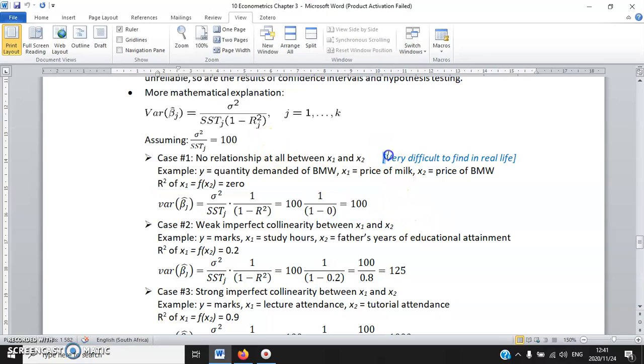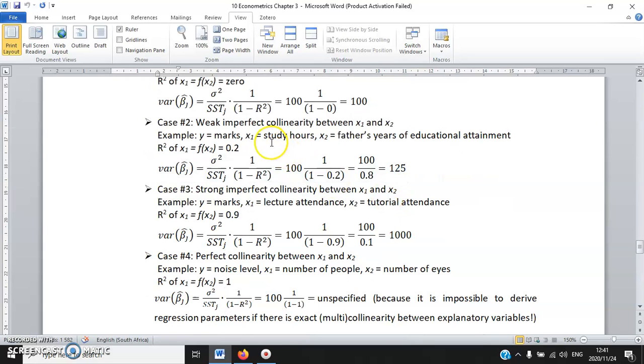Good news, but it is rare to find, as I said, an example in real life where x1 and x2 are totally uncorrelated. Case 2, there is a little bit of weak imperfect collinearity between x1 and x2. So this is an example: marks explained by study hours and the father's years of educational attainment. Maybe a little bit of relationship, but not that strong. I think I mentioned in the past that we could have some students whose father never went to school, but somehow the kids work very hard.